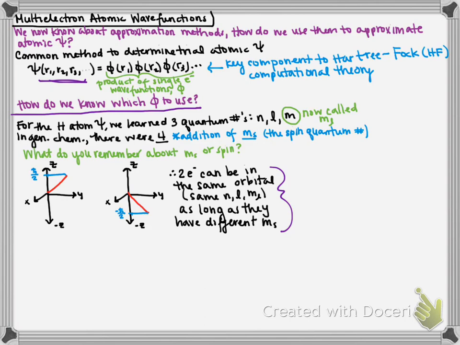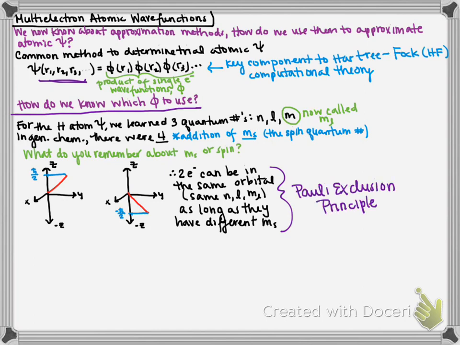The projection onto the z-axis is going to give us m sub s, and so you'll notice that we have sort of 2 options. Either it can be projected onto the z-axis with a value of h bar over 2, or it can be projected in the opposite direction and have negative h bar over 2 as its projection, right? So it can either go up or down. And so we normally say that m sub s has 2 possible values, positive 1/2 or negative 1/2, spin up or spin down, right?